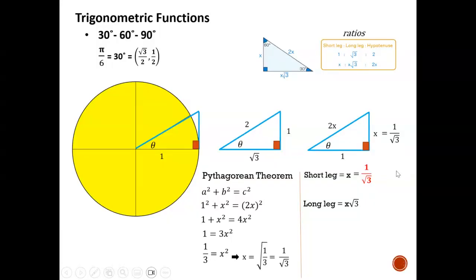The same thing as 1 over square root of 3. You see, so I'm going to plug in 1 over square root of 3 for the x. We multiply them, and it's equal to 1. You see, that was trying to prove that this is equal to 1. Then the hypotenuse will be 2x, so we multiply 2 times x, which is 1 over square root of 3. And this is my hypotenuse.